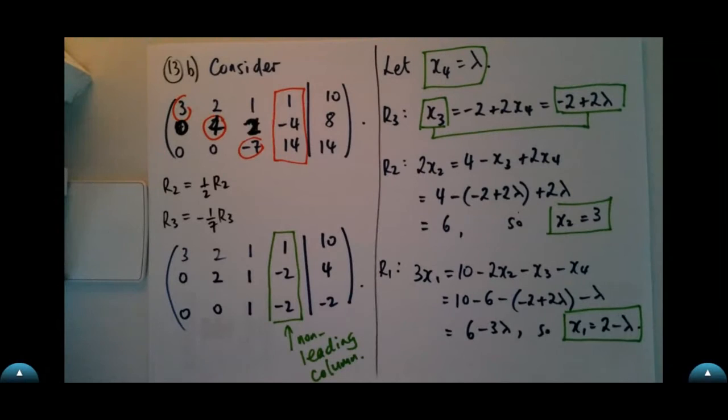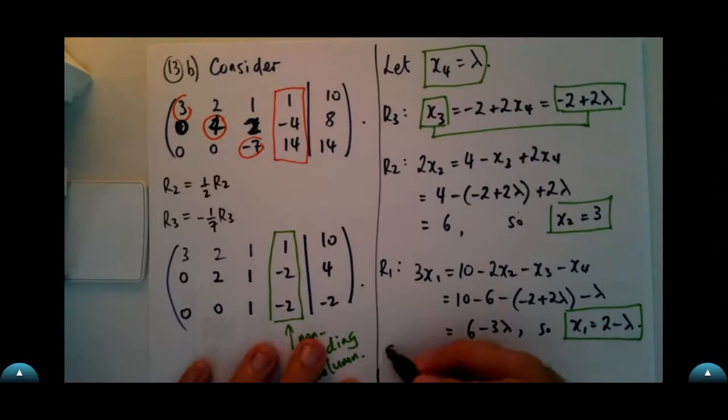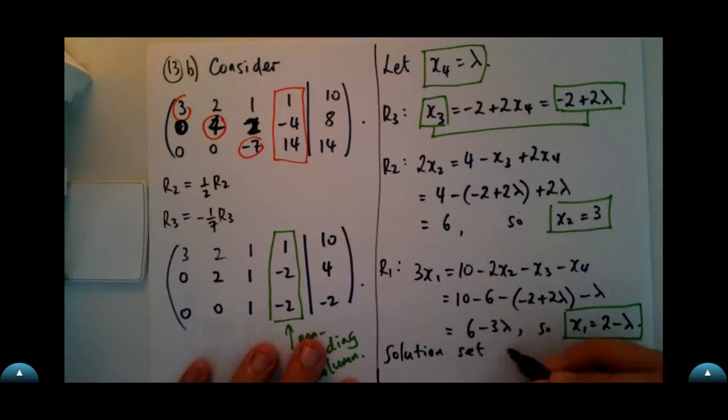Thing says a line. Why is it a line? You're on the right track. What tells you it's a line? Right. One parameter equals one dimension, and a line is one dimension. Okay? So the solution set is a line.